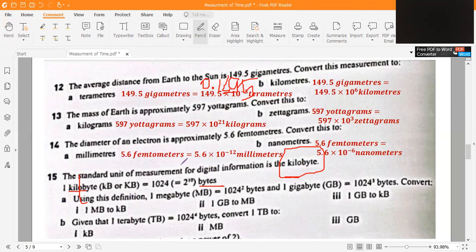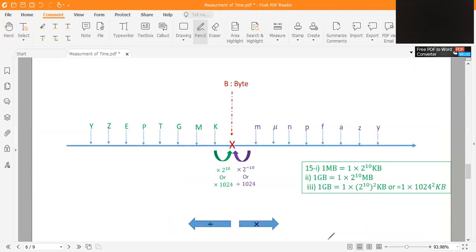But when we deal with digital information, when we have bytes in our expressions, we should adopt this method. So 1 kilobyte equals 2 power 10. So the step for us is 2 power 10.